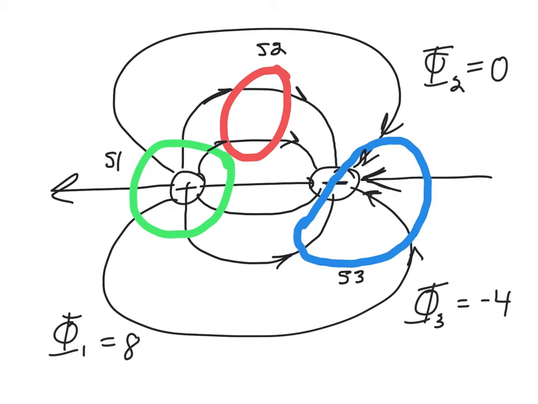So that shows the relationship between closed surfaces and Gauss's law. Yes, we use it to find charges inside. Yes, we use it to find flux. But the relationship is that if more field lines go into a closed surface than leave, there's a net negative charge inside.